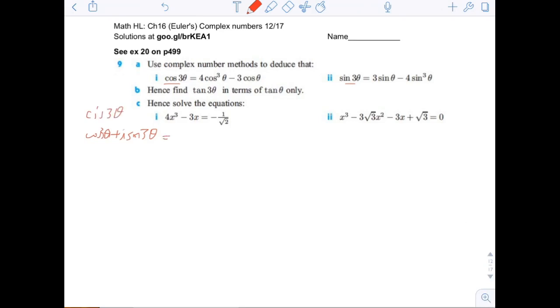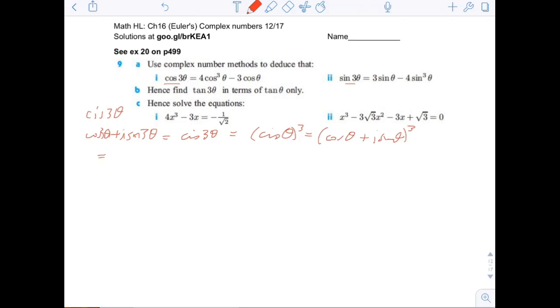So cis 3 theta can be rewritten with de Moivre's theorem as cis theta cubed. And cis theta cubed can be written as (cosine theta plus i sine theta) cubed.